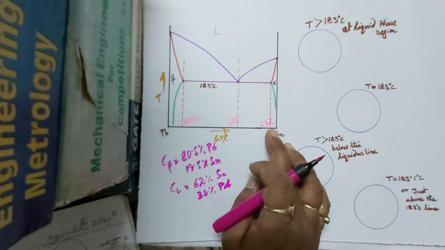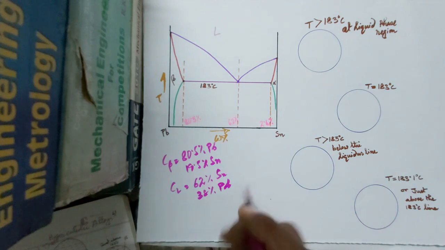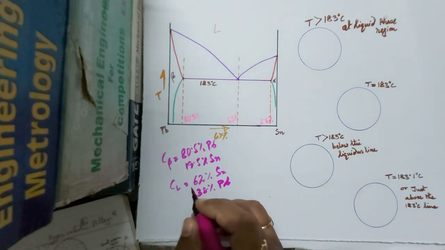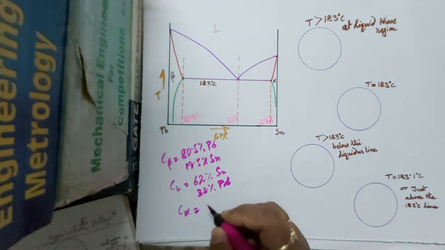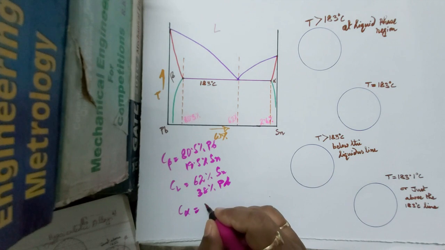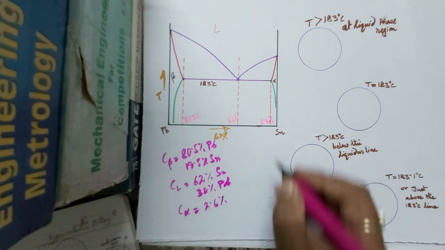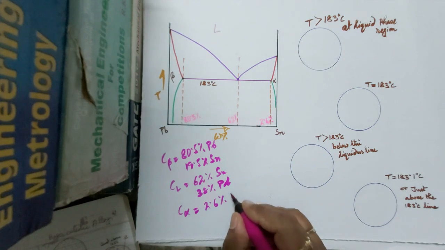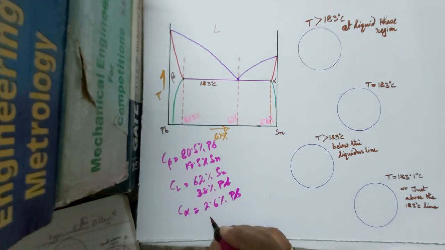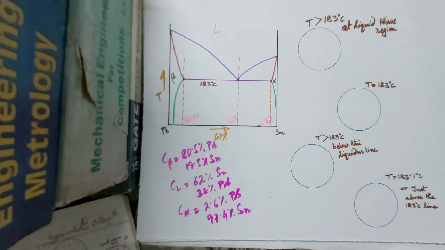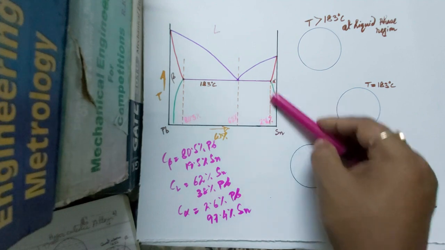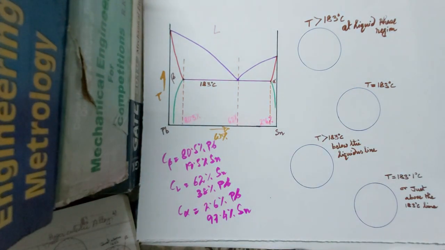And here we have the alpha composition, C alpha, which is 2.6% of Pb and the remaining 97.4% of Sn. I already told you these green lines are the solubility limit.